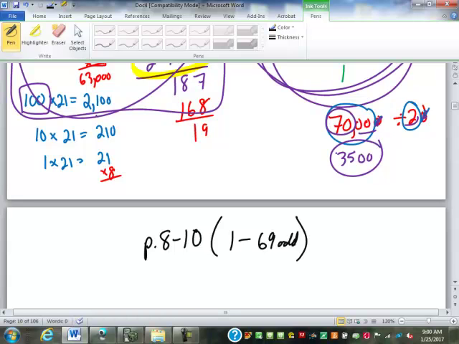Now, if your answer to that is, I know this, I don't need to do any, that's not the right answer, because it's very easy to be sitting in class watching it done on the board, and it looks really simple, but when you sit down to do it yourself, it can be a very different story. So make sure you are doing at least some of the more difficult problems at the end. So pages 8 through 10, 1 through 69, the odd, I will hand out that packet in just a moment.